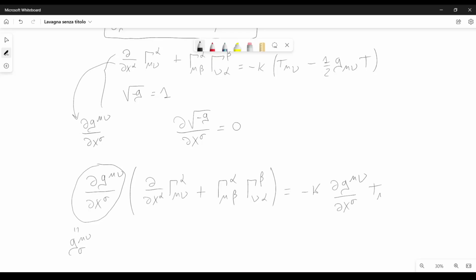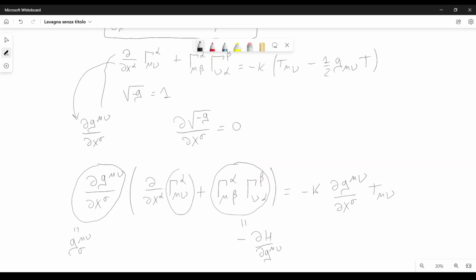times t mu nu. Now, in one of the previous lectures where I considered the variational principle, this term here, we derived it to be equal to minus the derivative of some function h with respect to g mu nu with upper indices here.